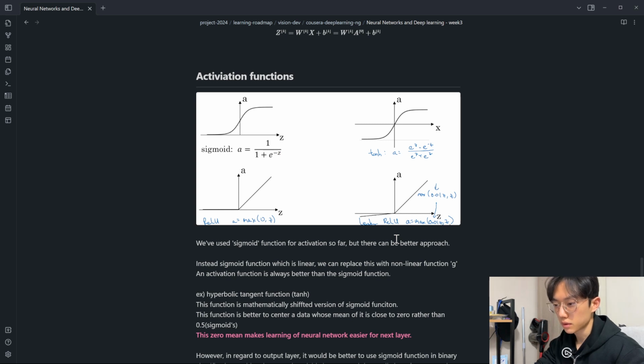we've used the sigmoid function so far for logistic regression. But there is also the hyperbolic tangent function, which is mathematically equal to a shifted version of the sigmoid function, and it turns out that it is always better than the sigmoid function.